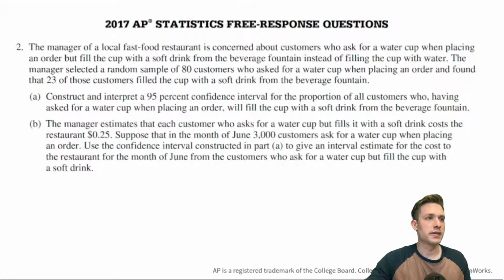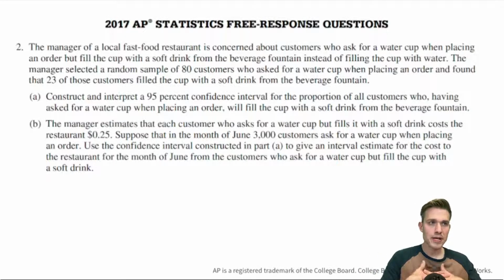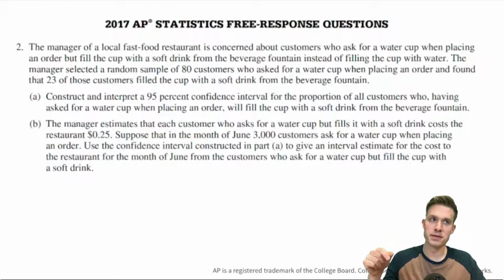So let's go ahead and take a look at this question. This question is from 2017, and it says that the manager of a local fast food restaurant is concerned about customers who ask for a water cup when placing an order, but fill the cup with a soft drink, tisk tisk, from the beverage fountain instead of filling it with water.